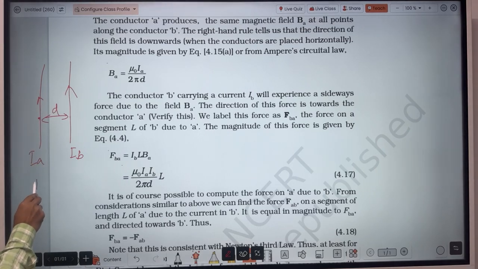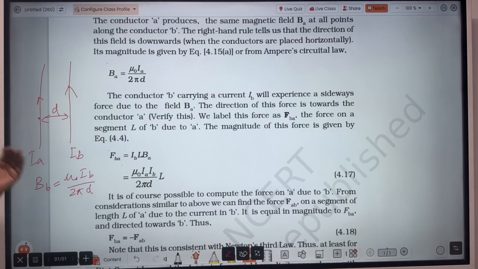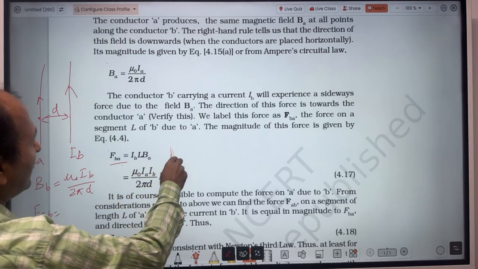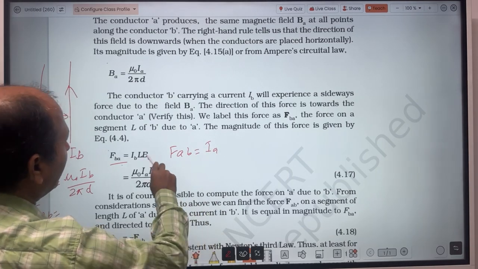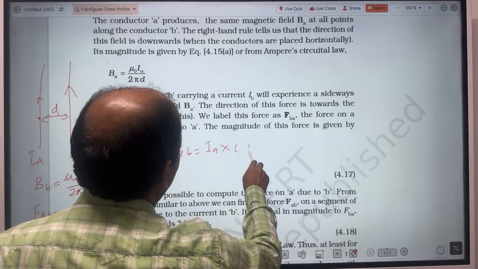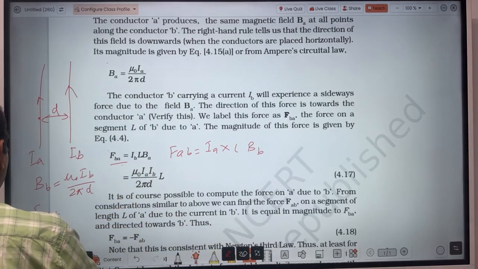That will be BB equal to mu naught IB divided by 2 pi D, right? Then we will find the force FAB. The same thing will be there. This time in place of FAB, it will be IA times L into BB. So we will get the same result, alright.